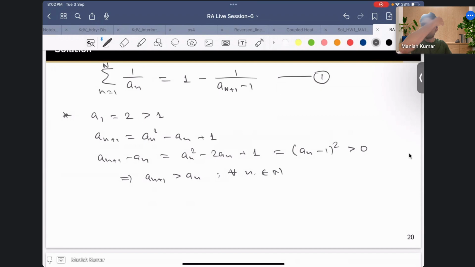Now suppose that a_n is bounded. This is an assumption.